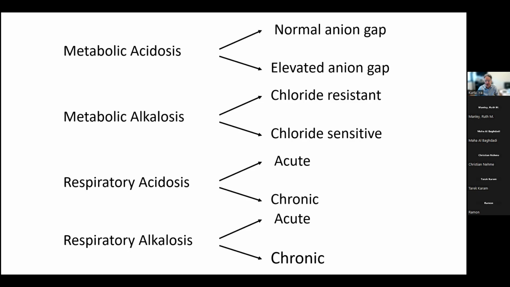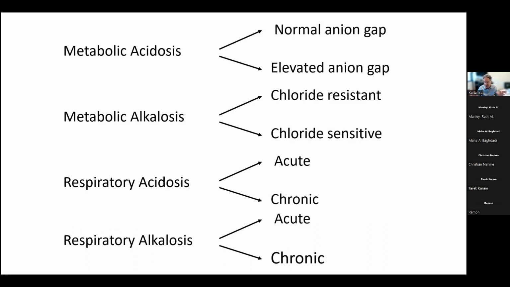Metabolic alkalosis, we don't divide up by anion gap. We divide it up by whether it will predictably respond to chloride-containing salts. And I say chloride-containing salts, not sodium chloride only, because it's been shown that other cations given with chloride will also make the bicarbonate return to normal in the chloride-sensitive group. Chloride-resistant group, you can give as much sodium chloride as you want.